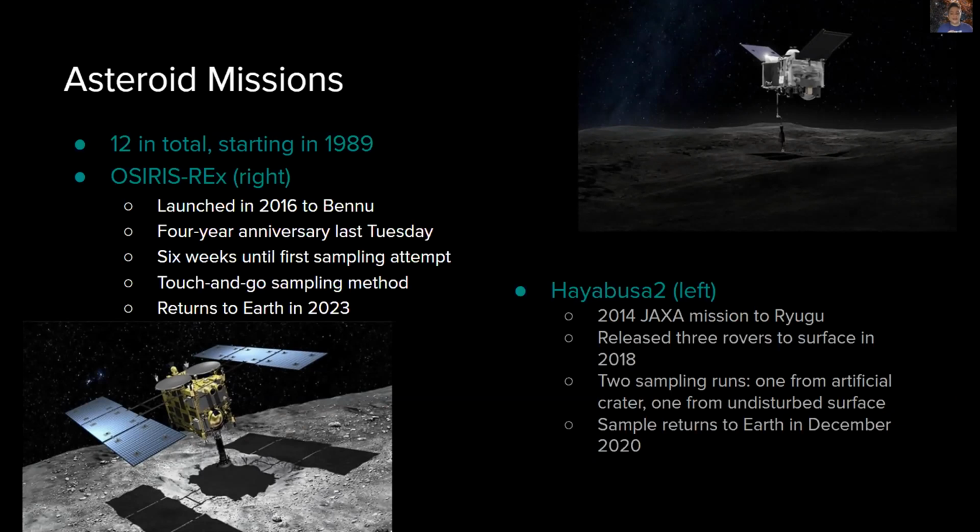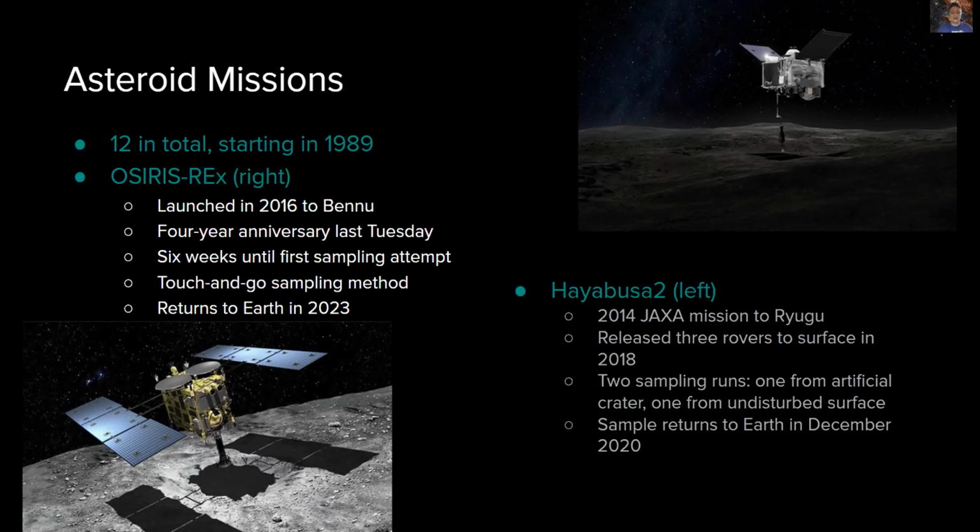It has this cylinder that it's going to shoot at the surface, and it's going to impact it and bring up a bunch of things under the soil and just kind of disturb the surface, so it can go in and grab some of that debris and we can see what's on the inside. And then it's going to grab some from an undisturbed section just to grab the surface. And it's on its way back now, actually. The sample is going to come back in December of this year, which is super exciting.